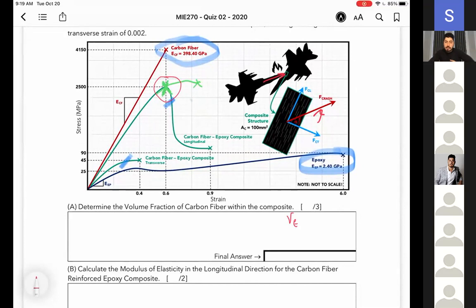Has she taught us this? Close. So what's this equation? Plus what? You never did this equation? You must have done this equation.